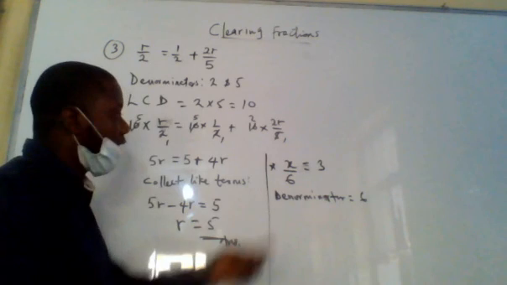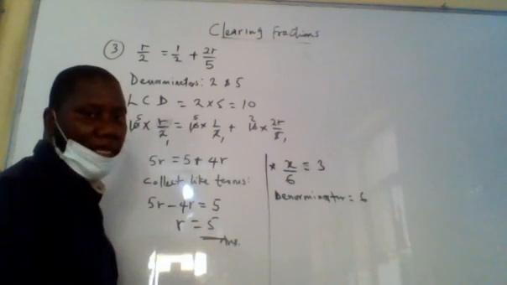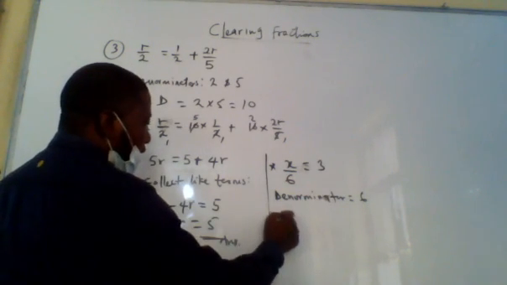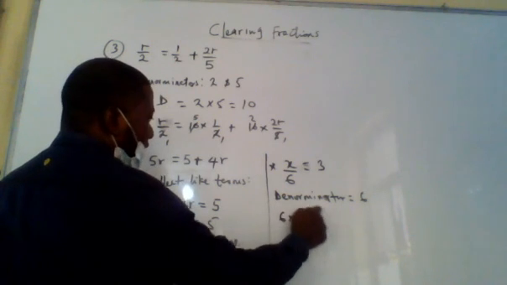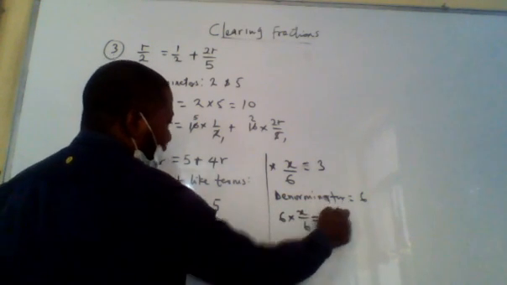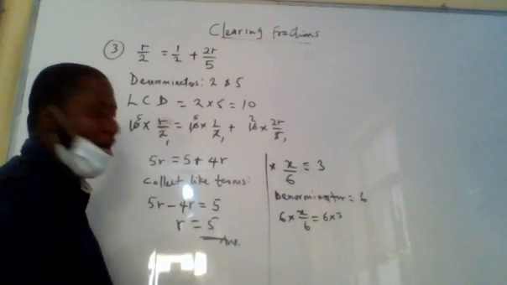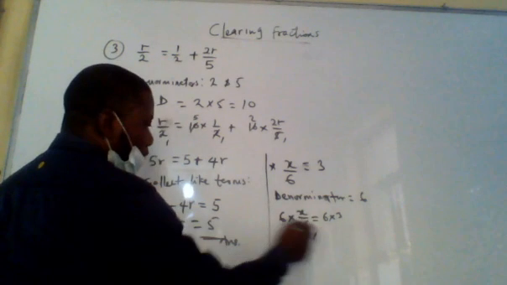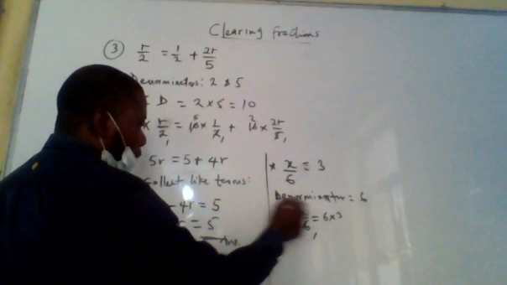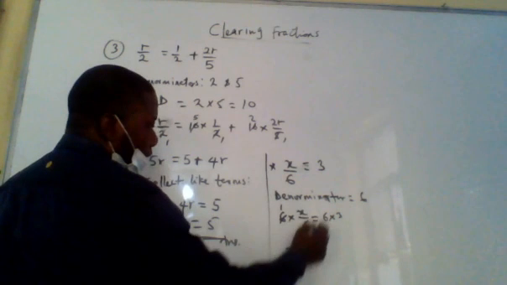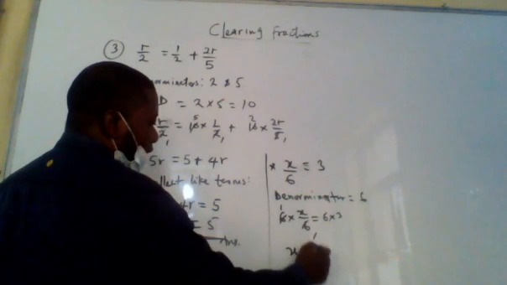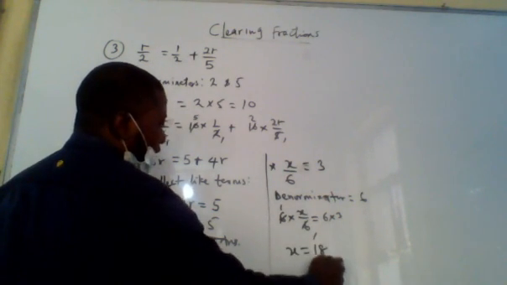So it means that it is this 6 you use to multiply every term there. That will be 6 times x over 6 equals 6 times 3. And the next step is to say 6 in 6, 1. 1 times x, that will give me x, equals 6 times 3, that will give me 18. And that is the answer here.